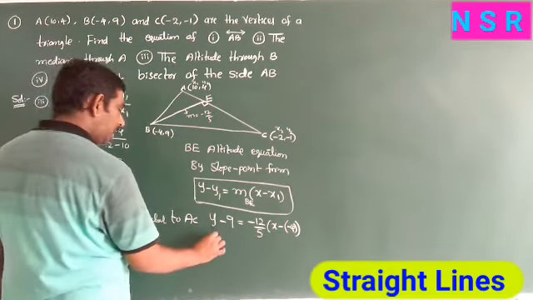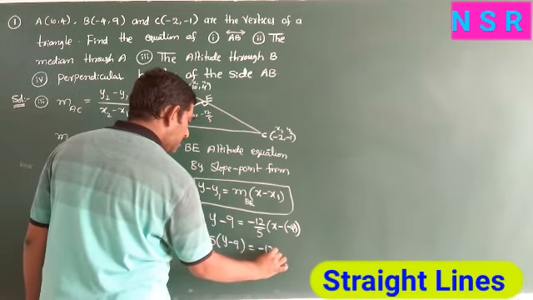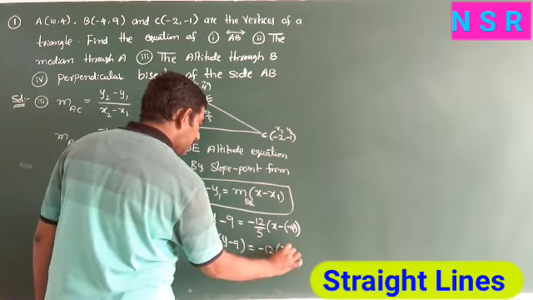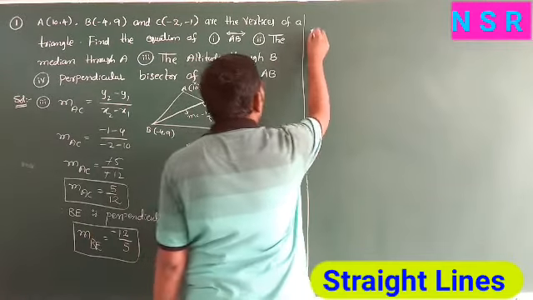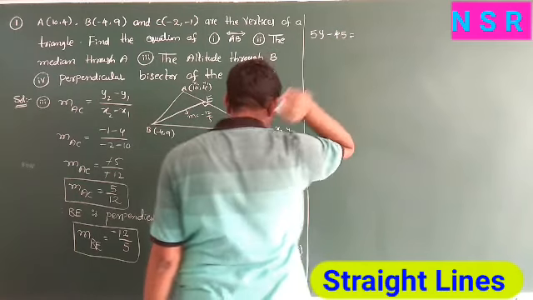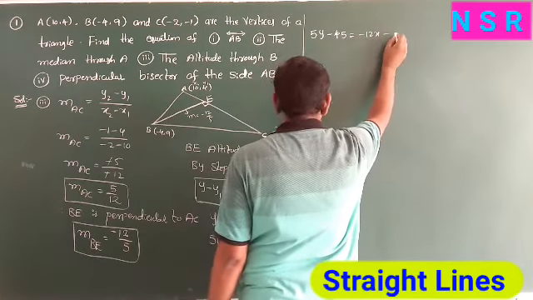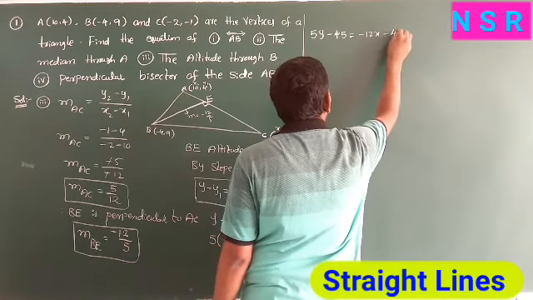Now 5 multiply here, 5 into y minus 9 is equal to minus 12 into x plus 4. So 5 into y, 5y minus 9 fives are 45, equal to minus 12 into x, minus 12x, minus 12 fours are 48.